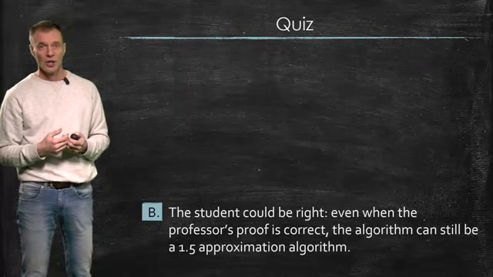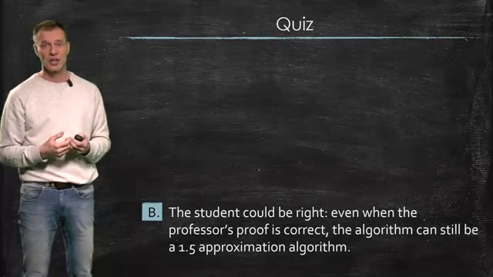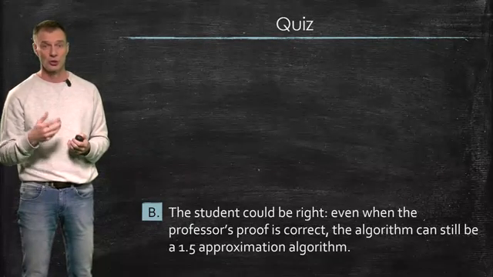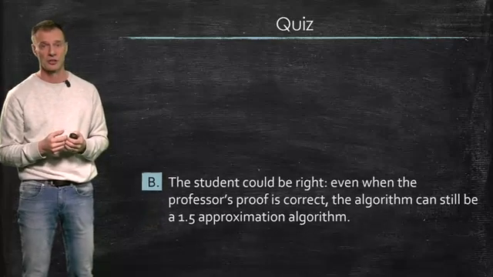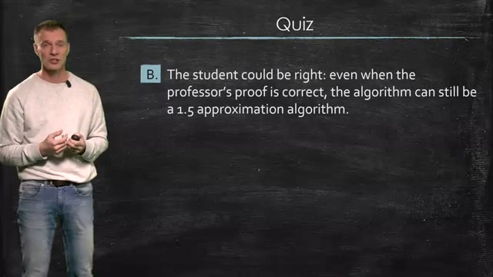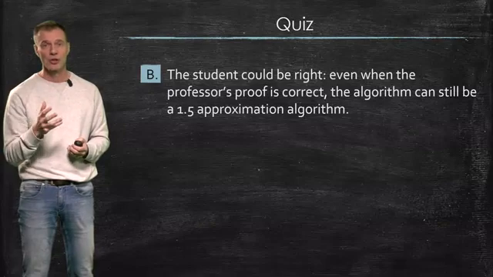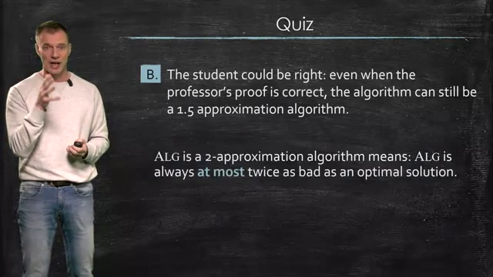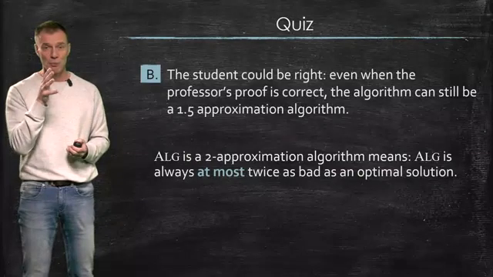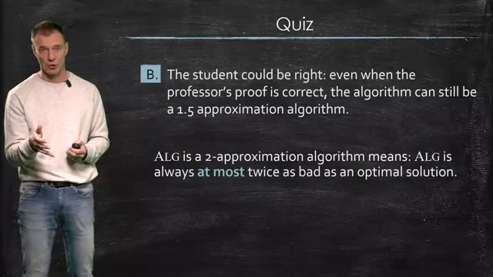Okay, so the solution in this case is answer B. It could be that both the student and the professor are right. Why is this the case? Well, remember the definition of rho approximation says that the algorithm's value should be at most rho times the optimal.